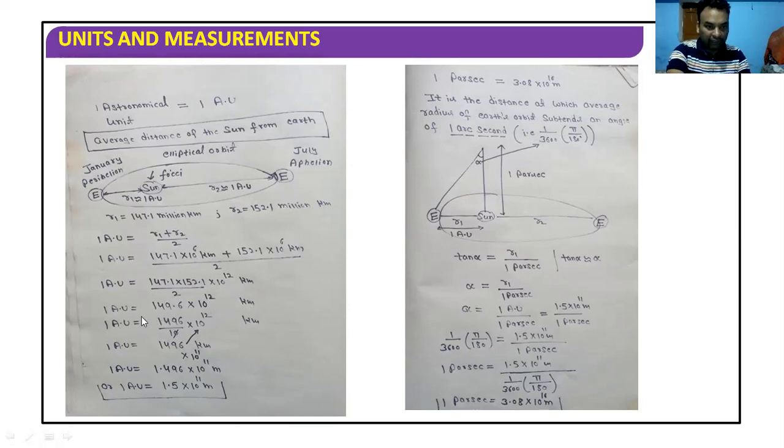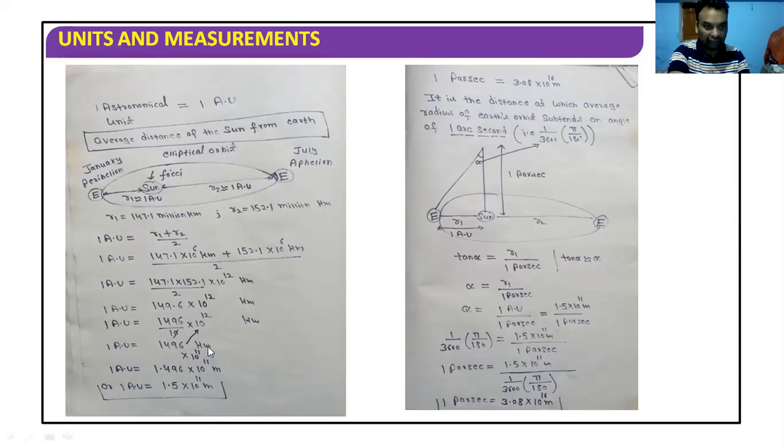Now, one astronomical unit, when we place the decimal point, it becomes 1.496, divided by 10, and 10 raised to the power 12, so 10 is cancelled. This becomes 10 raised to the power 11, so 1.496 into 10 raised to the power 11 kilometer. But we are interested in meter, because distances in SI unit are measured in meter, not in kilometer.